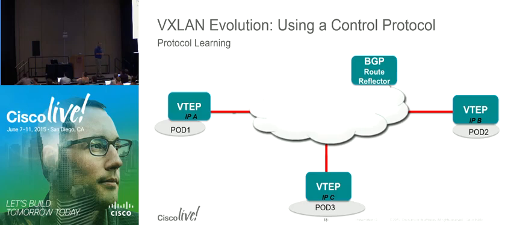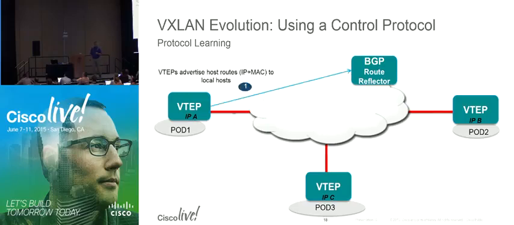The next piece goes into protocol learning. So more proactively learning about the end systems which are in a given network. So a given VTAP advertises a host route. And with the host route also the MAC address of the end system to the given route reflector.